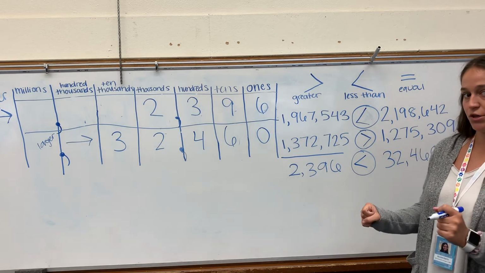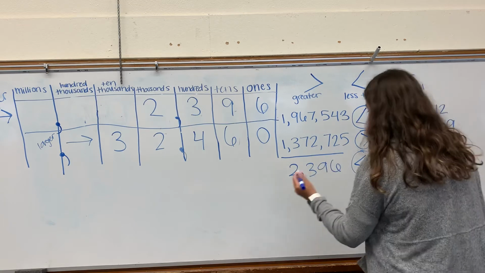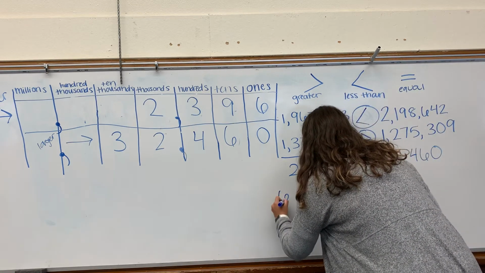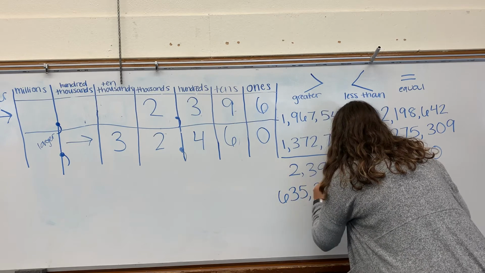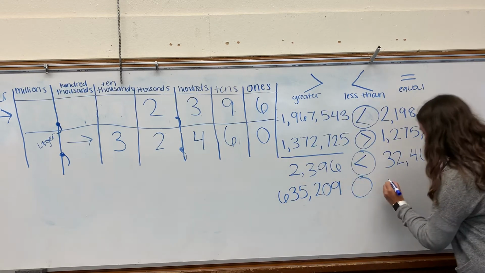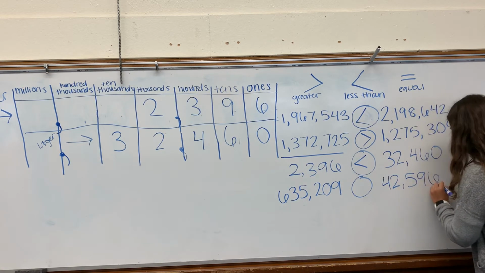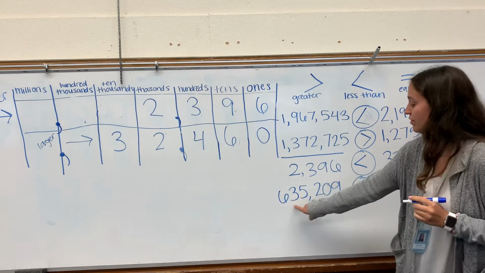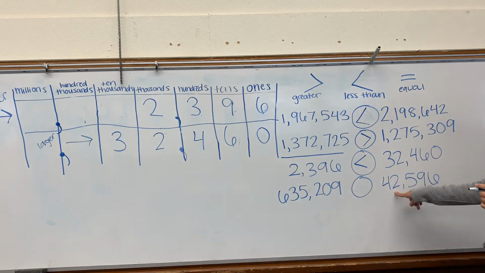Now, I'm going to give you 2 numbers, and you are going to decide what symbol needs to go in between the 2. Okay? All right, so we have 635,209 and 42,596.